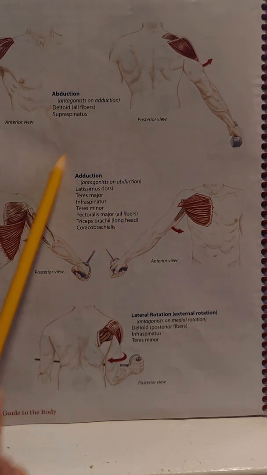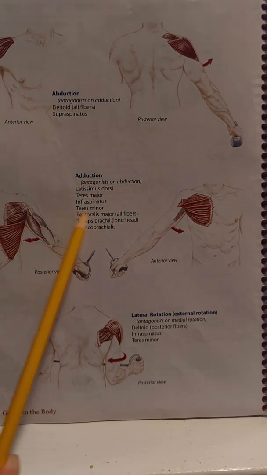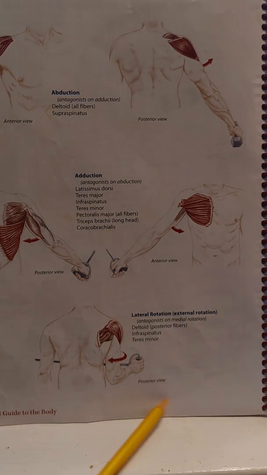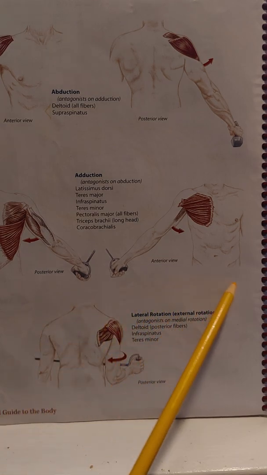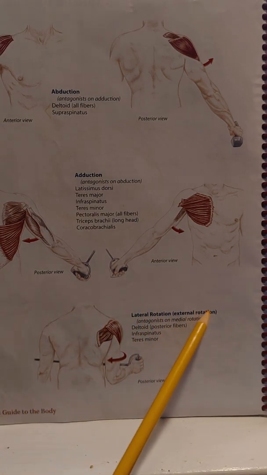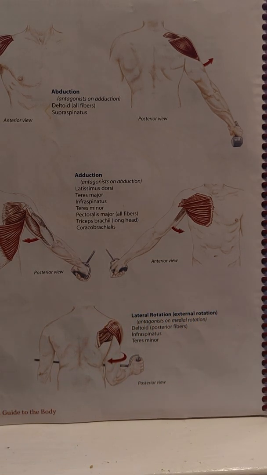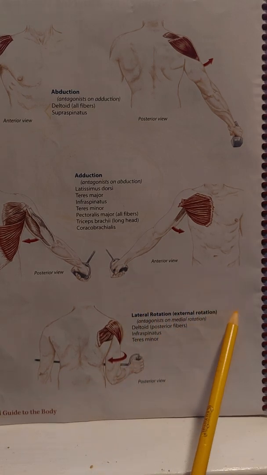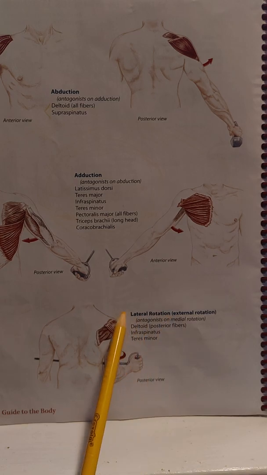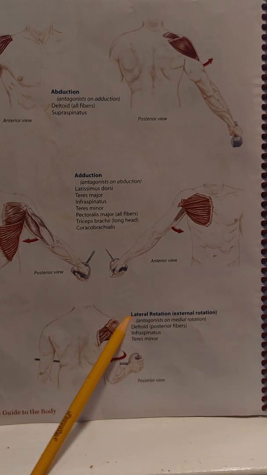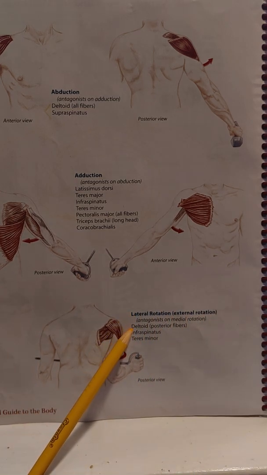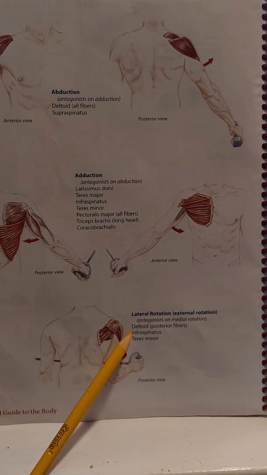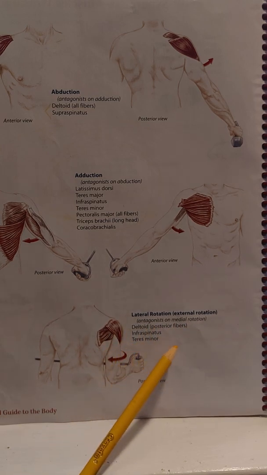Same way in adduction, it will be recruiting all fibers of the pectoralis major. Going towards the lateral rotation, which is also termed external rotation, the antagonist is the medial rotation for this action. So the muscles recruited will be the deltoid, the posterior fiber, infraspinatus, and teres minor.